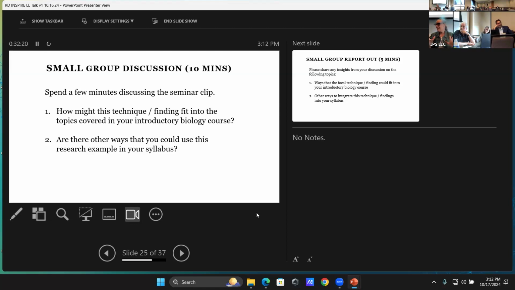To be able to weave that in and help students see how to think about science, rather than just saying, here's how we think about science, we're showing them a pathway for them to think about science.